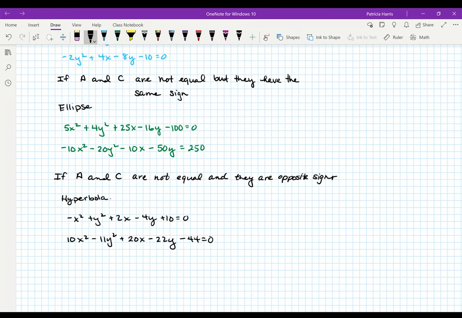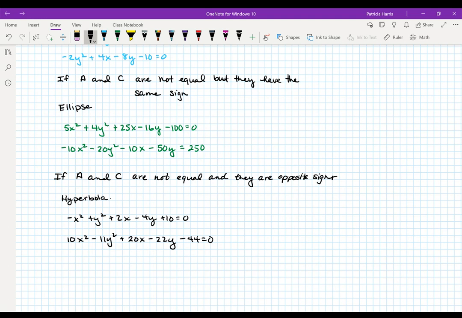Okay, so now what we're going to do is we're going to take a general form. We're going to decide what it is and then manipulate it so it's in the appropriate standard form. Now, if you remember first semester, then you should recall how to do this. We are going to use a process called completing the square.